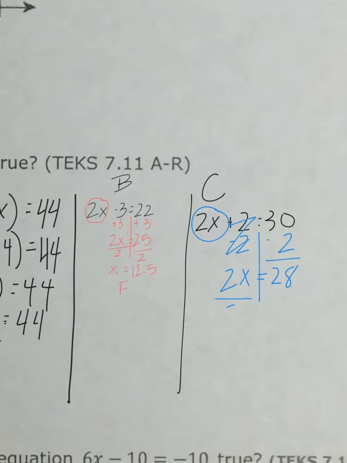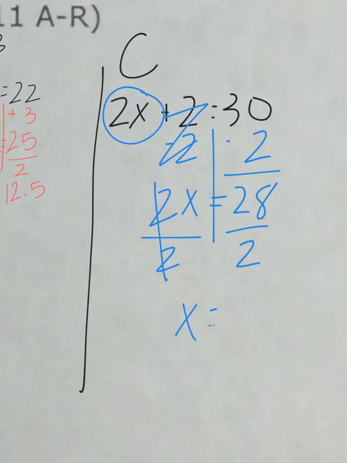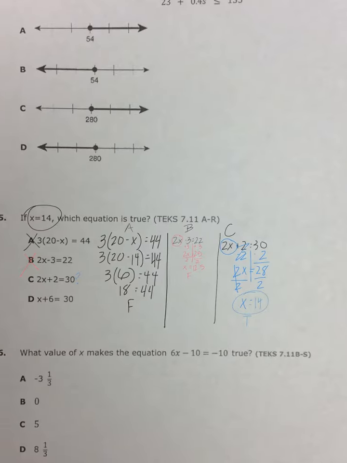I need to divide by 2 on both sides. 2 divided by 2 cancels out, and I'm left with an x equals. And 2 goes into 28. Well, 2 goes into 2 one time, and 2 goes into 8 4 times. So it says x equals 14. Hey, that's what I needed. So I'm going to go ahead and put a question mark by that one, because we think that's the right answer, but we still want to check.